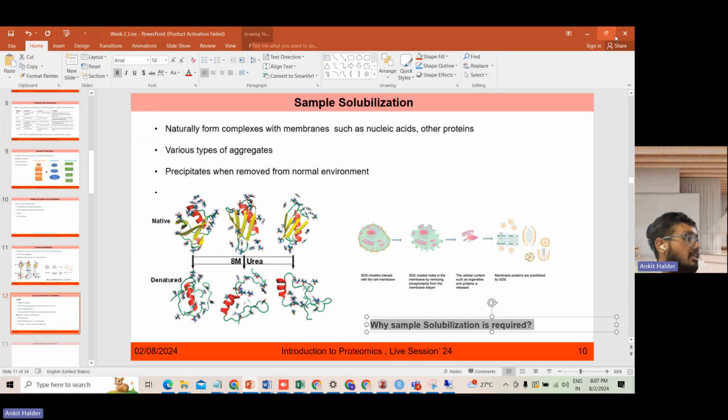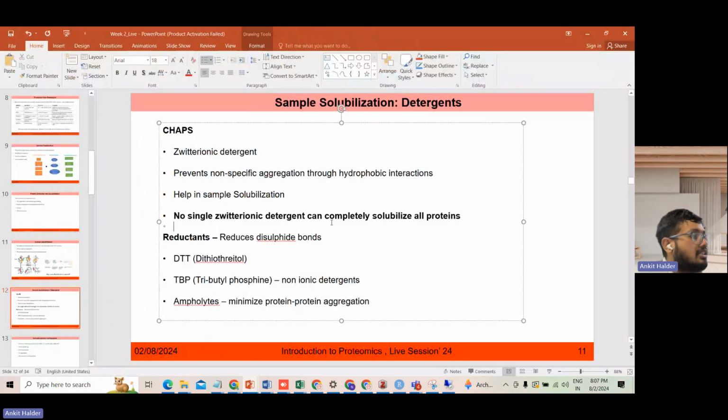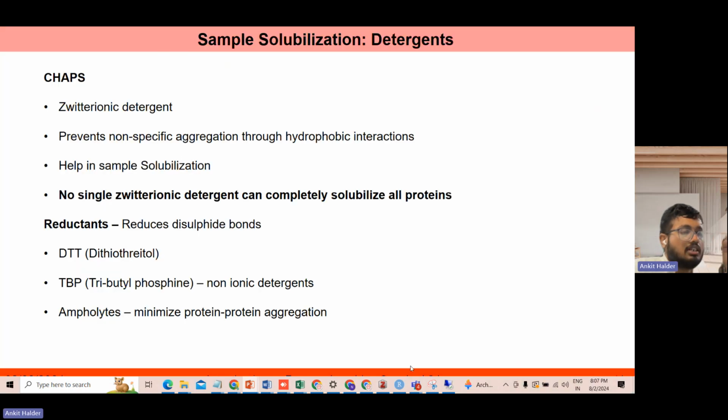This is very important for you to keep in mind: no single zwitterionic detergent can completely solubilize all proteins. So this is not possible. No single detergent will meet all your requirements. That's why you need to use different kinds of reagents.